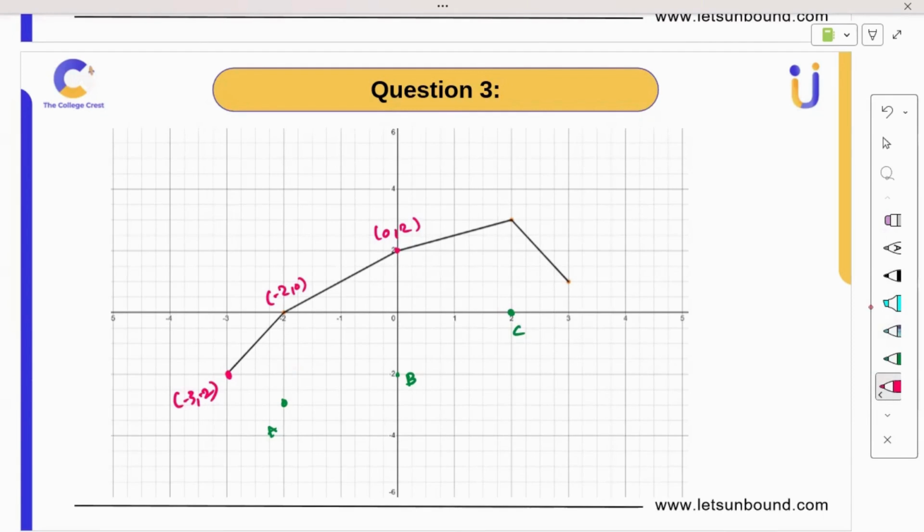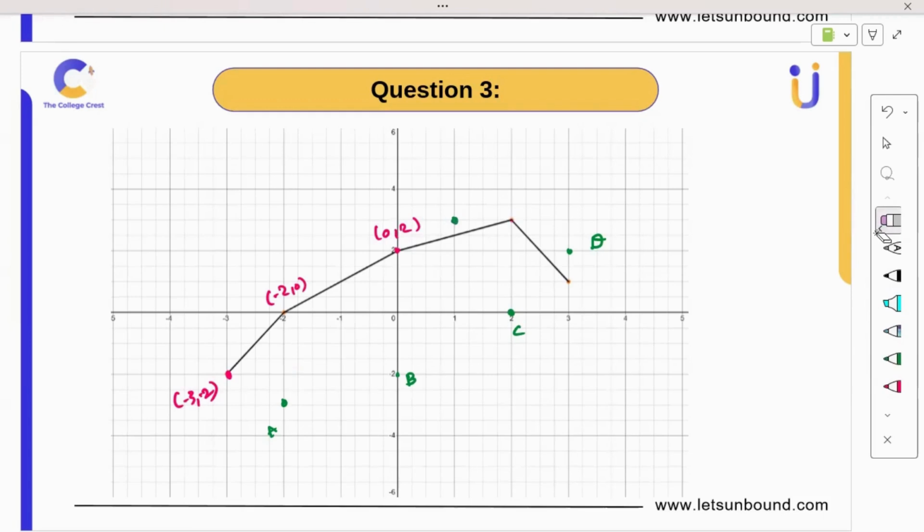Okay, that's fine. And this is 2, 3, right? So 2, 3 will flip into 3, 2. So here, D. And the last one, which is 3, 1, will go to 1, 3. X is 1, y is 3.